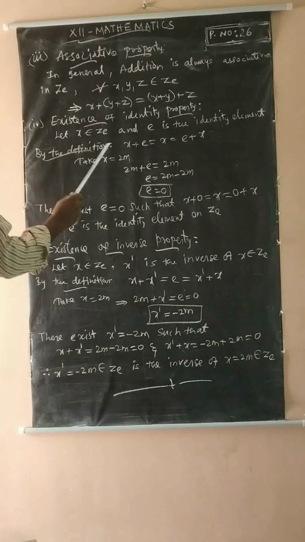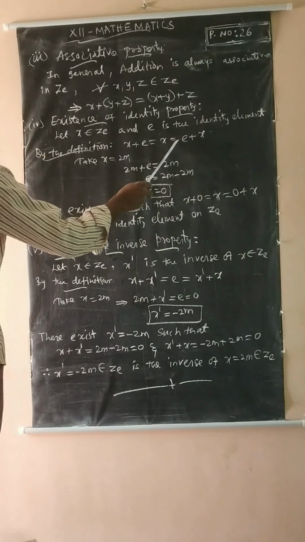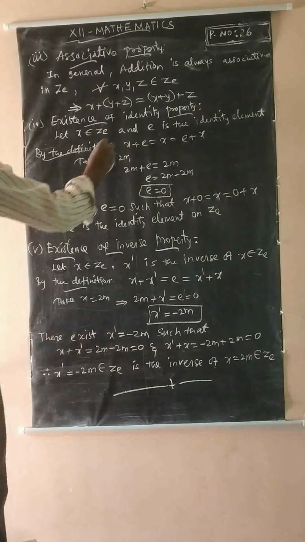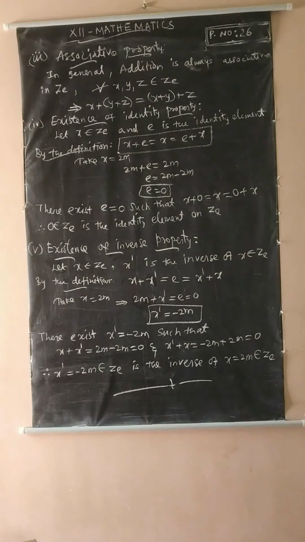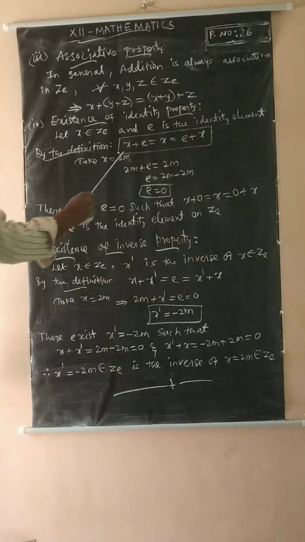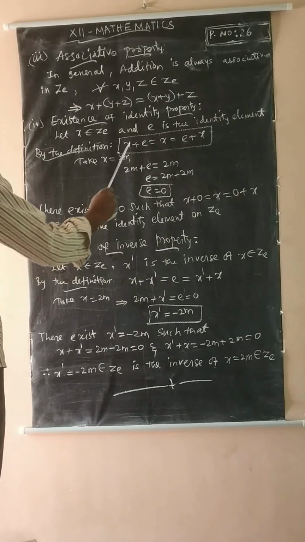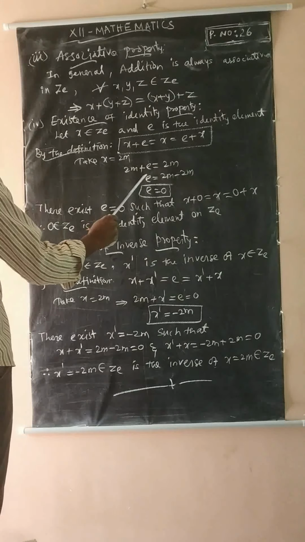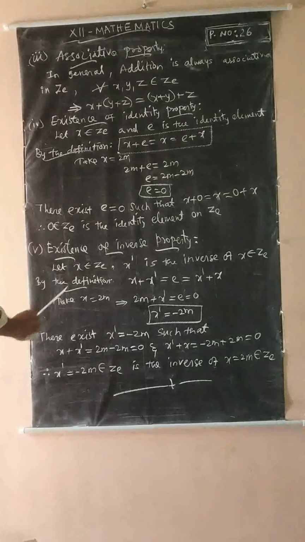By the definition, x plus e is equal to e plus x, which is the definition for the identity property. So now take x equal to 2m. Take the first part, x plus e equal to x. So 2m plus e is equal to 2m. e is equal to 2m minus 2m. 2m minus 2m cancel. e is equal to 0.